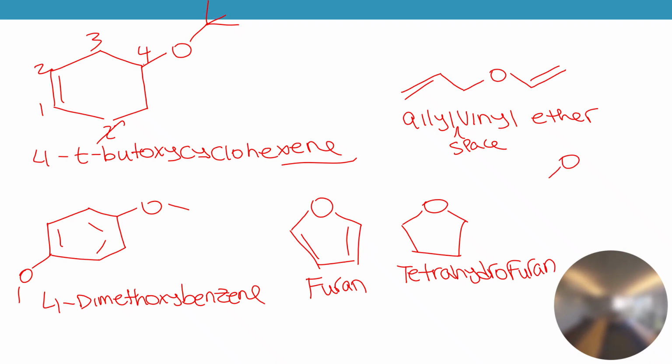Okay. If we had other substituents in the furan, we can number them, starting giving priority to the oxygen, 1, 2, 3. So this would be a 3. Oh, let's make it a methoxy just for fun. 3-methoxyfuran.